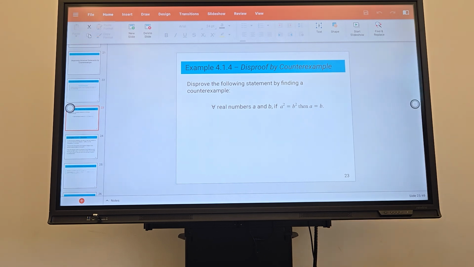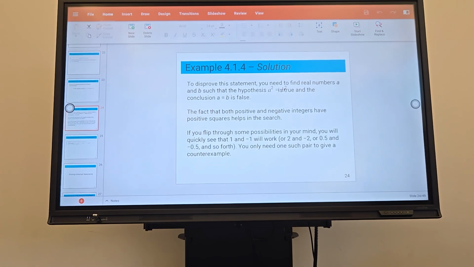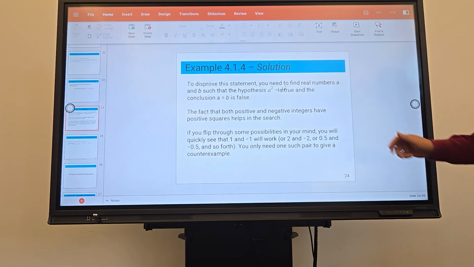So there you go. Just one example. Just go through the possibilities in your mind, come up with a counterexample, and only need one such counterexample.